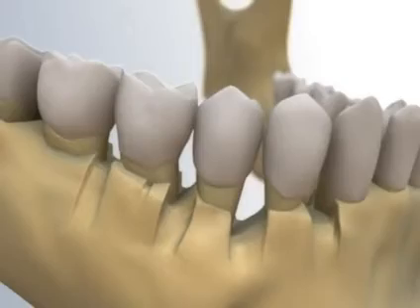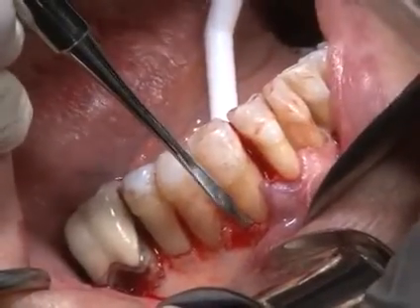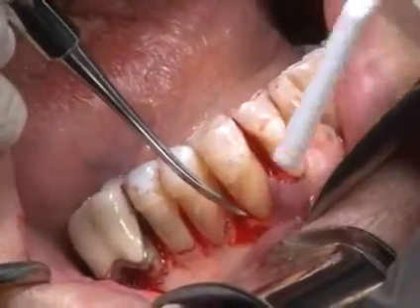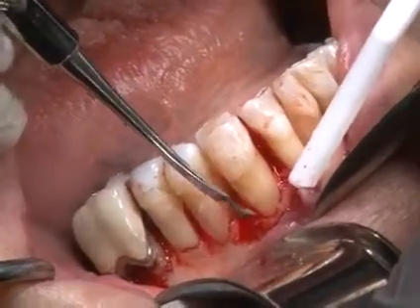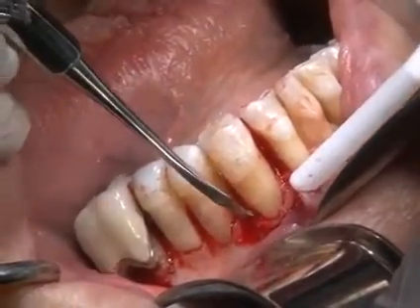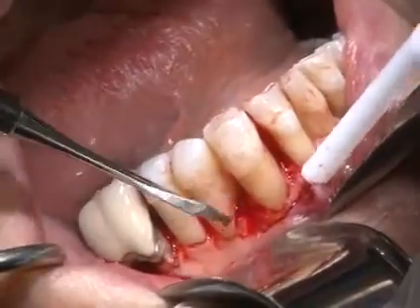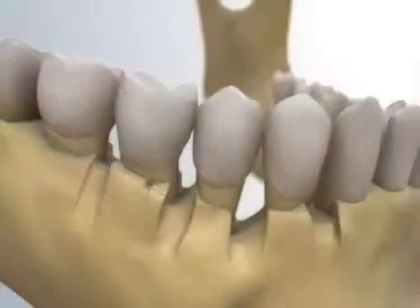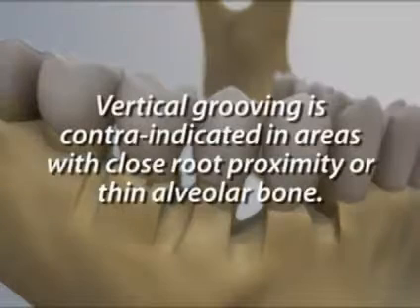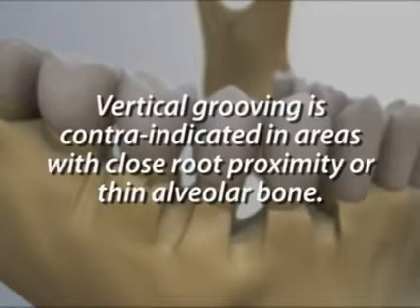Interproximal bone files, such as the Schluger and Sugarman files, and small hand chisels can also be used. A similar procedure is performed between teeth 4-5 and 4-6. Vertical grooving is contraindicated in areas with close root proximity or thin alveolar bone.